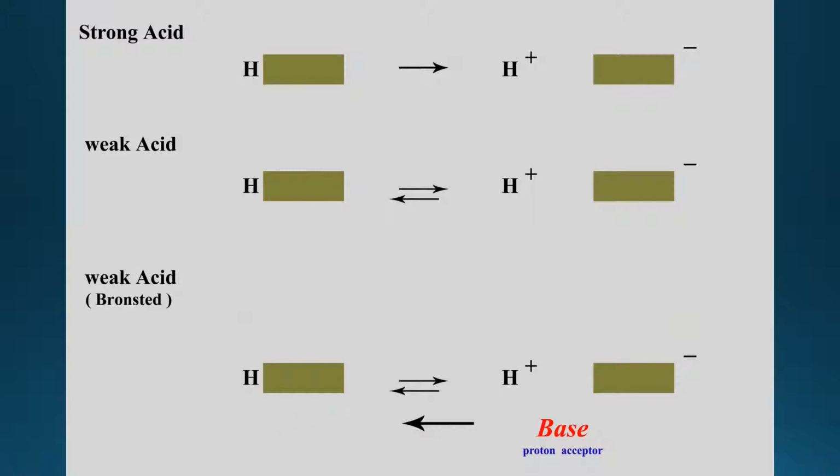So this is a base, accepting a proton. Base means proton acceptor, as Brønsted-Lowry defined. So a weak acid can act as an acid and also as a base.